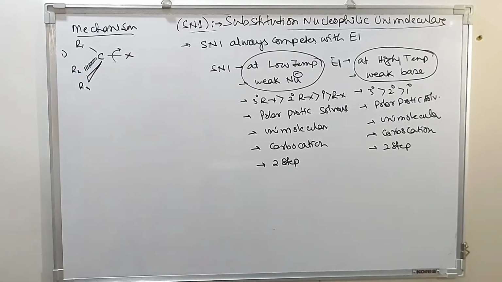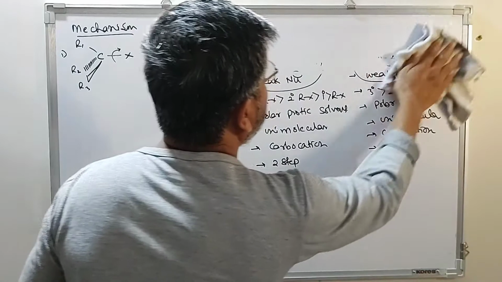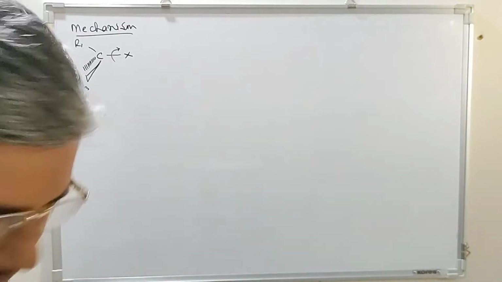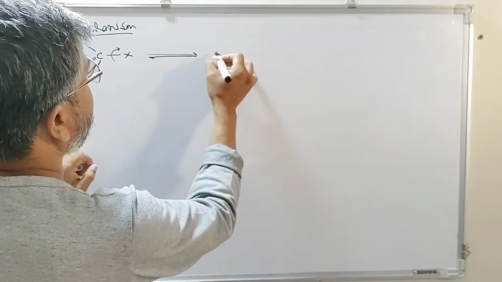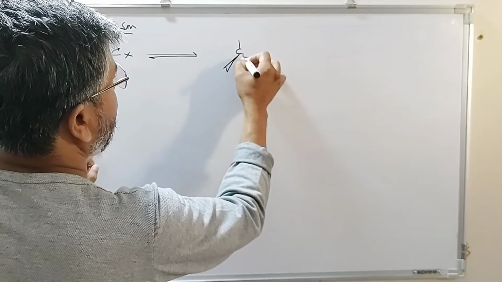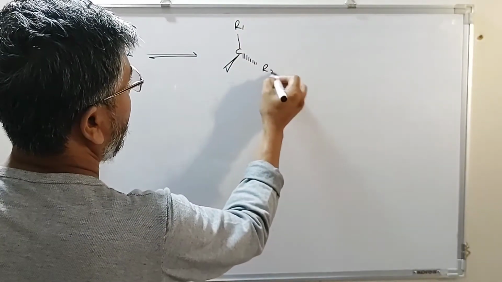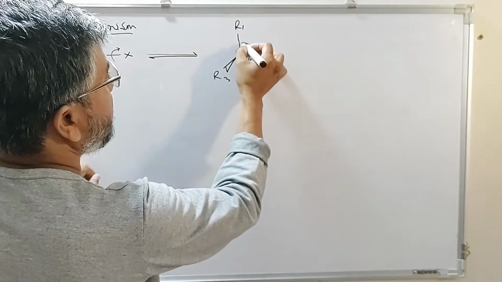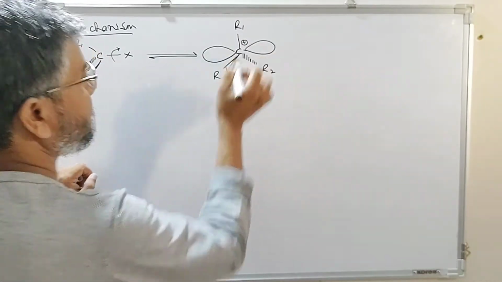Both electrons are taken up by the halogen. So this step is a reversible step in which we have a carbon bearing three groups, R1, R2, R3, and a new positively charged carbon, where a p orbital is developed.